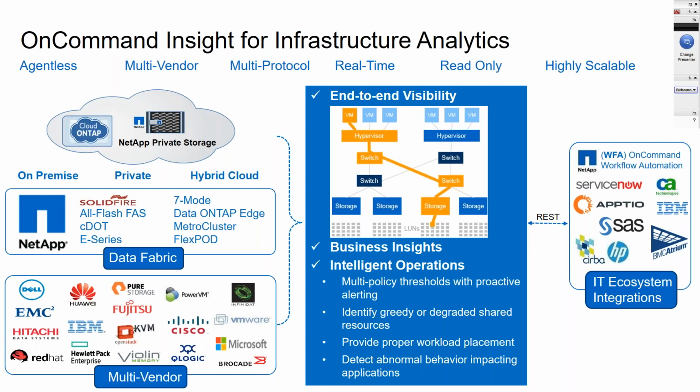So whether you have a CMDB initiative and need to populate storage CIs, or you want to feed this information into a proactive monitoring and alerting framework, something like maybe HP OpenView, or into a ticketing system like ServiceNow, OnCommand Insight can facilitate those integrations to help achieve other goals within the IT organization.